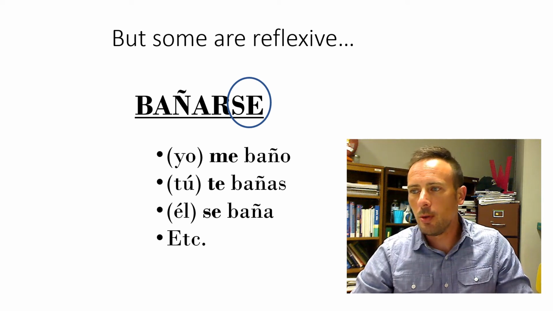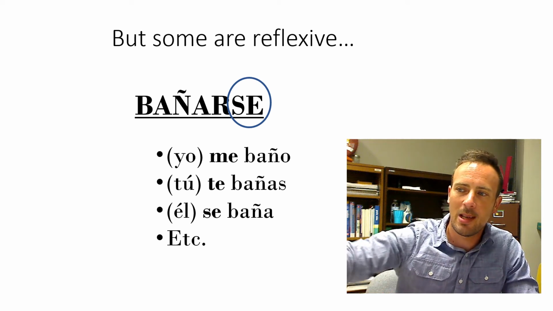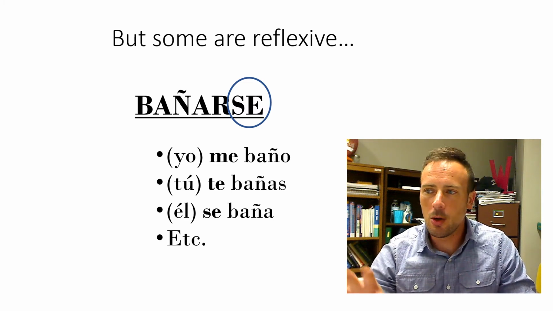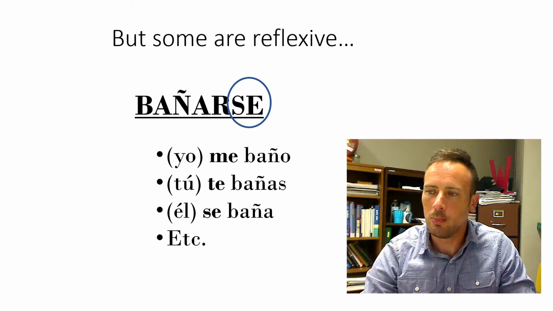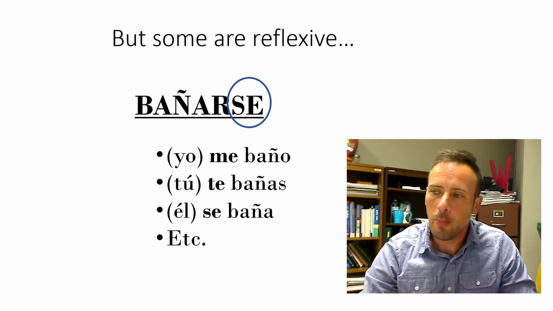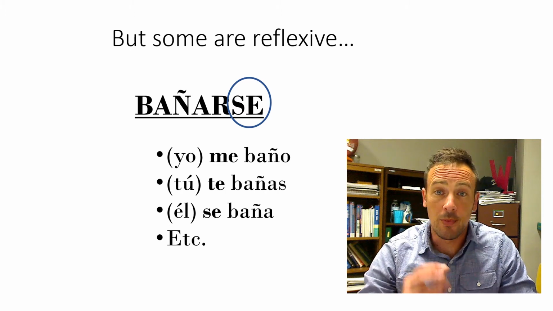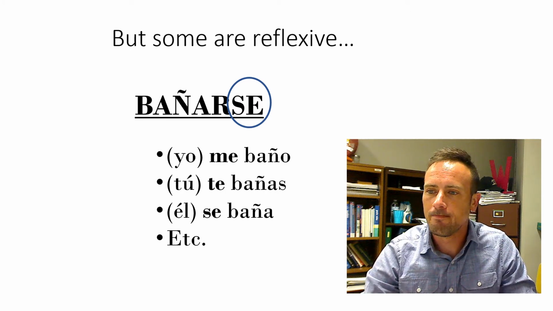So all you have to do is conjugate the verb like you normally would. Forget about the se for a moment. Bañar, okay? Just conjugate bañar like you would normally, right? So, baño, yo baño. Tú bañas, right? Él baña, etc. It's reflexive though, so what you do is add a reflexive pronoun.